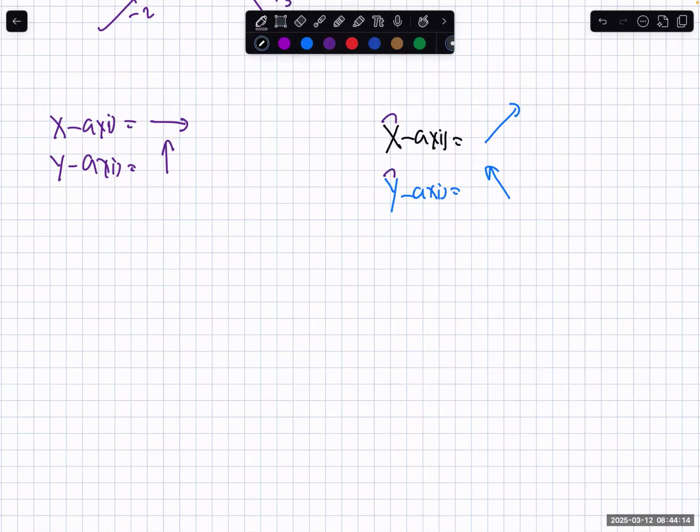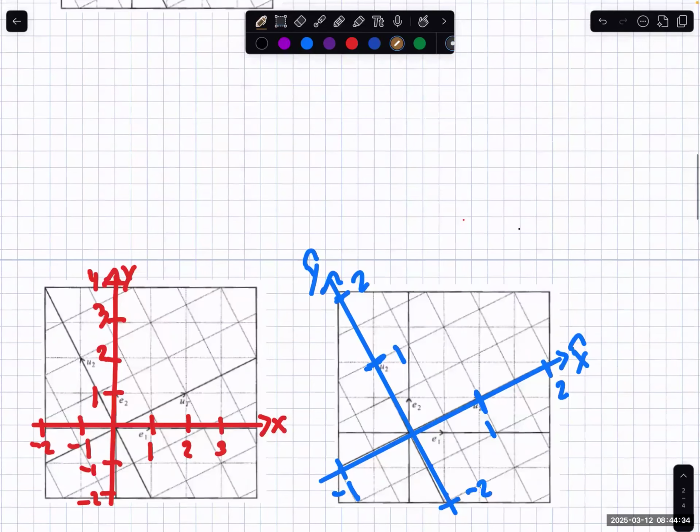So this x-axis vector that makes the standard x-axis is really 1, 0. And this y-axis is really 0, 1. Okay, and if we're here, and I'm going back to that graph paper I gave you, this is the point 2, 1.